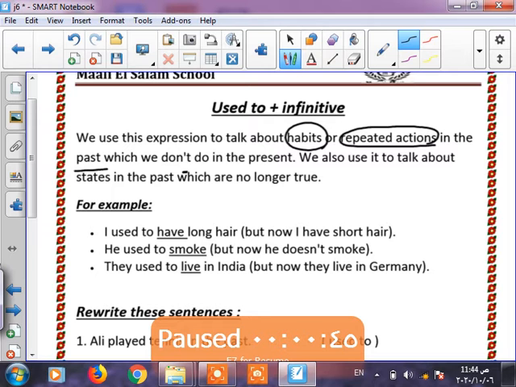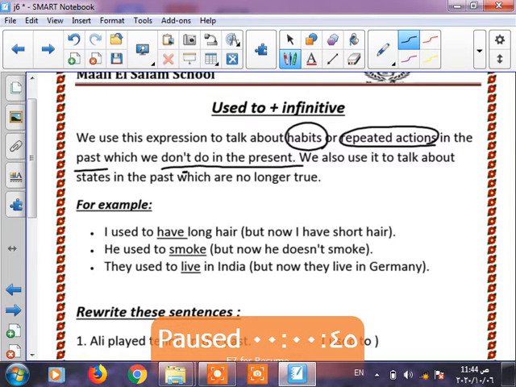But we don't do these actions at the present. It talks about something that I did in the past, but I stopped doing this habit or this action at the present.